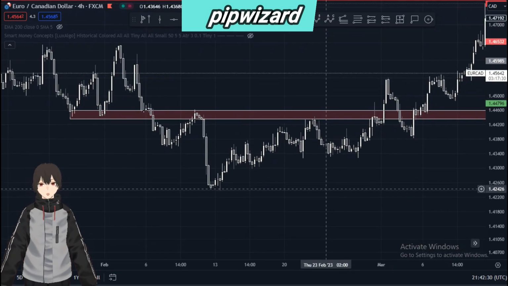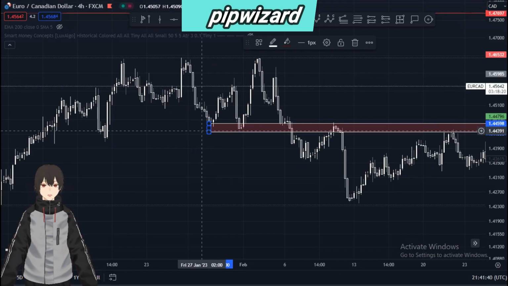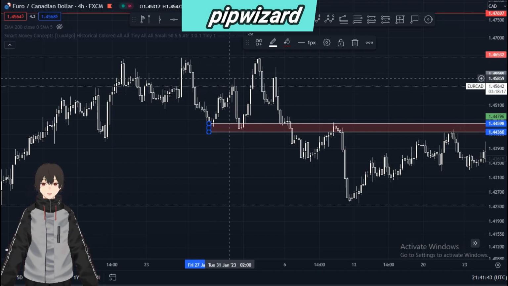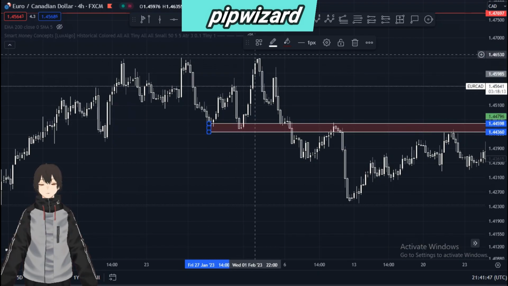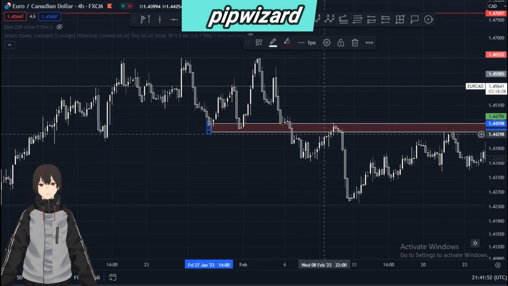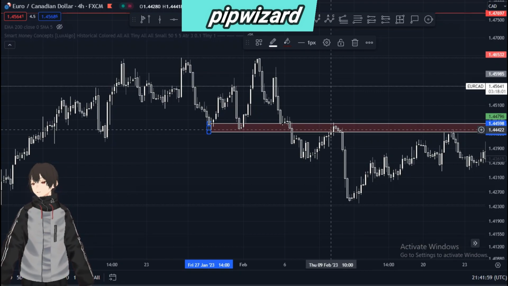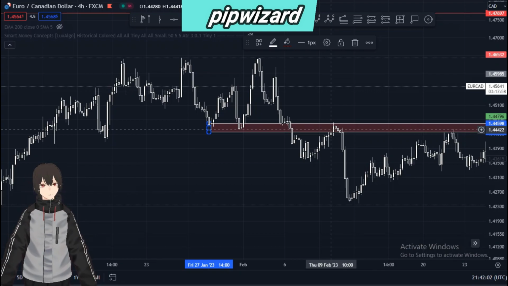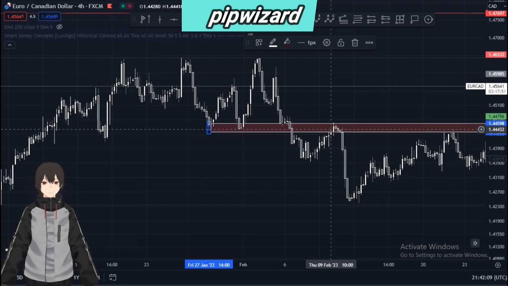The next lesson is about change of polarity. Sometimes you have a support line here. When the market breaks the support zone, you can use this zone as resistance. Like me, in the market I use that to make money from this basic knowledge.